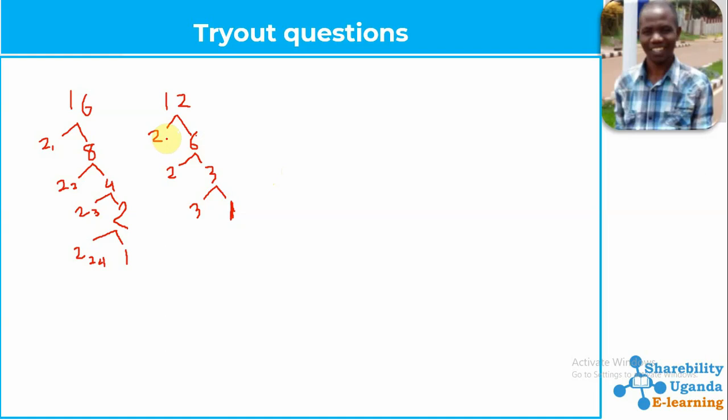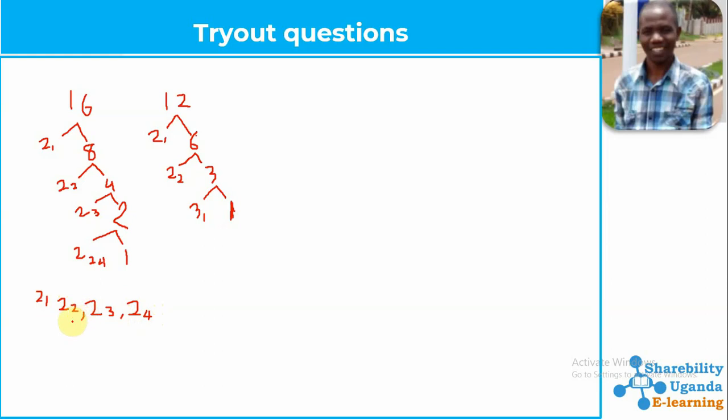So this simply means that also here we have a 2 appearing for the first time. We have a 2 appearing for the second time. Then we have our 3 appearing for the first time. Then we said that for us to be able to know the intersection and the union, this simply means we can now arrange our 2^1, our 2^2, our 2^3, then our 2^4, okay.